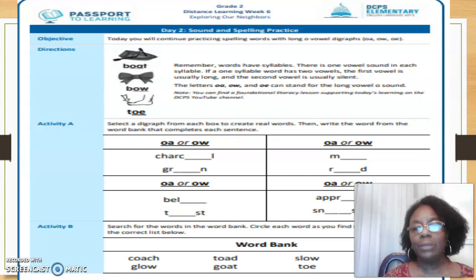All right, now you see a word bank at the bottom of the page, and the words in that word bank will be the words that you have to find on the word search located on the next page. So we're going to turn to the very next page.